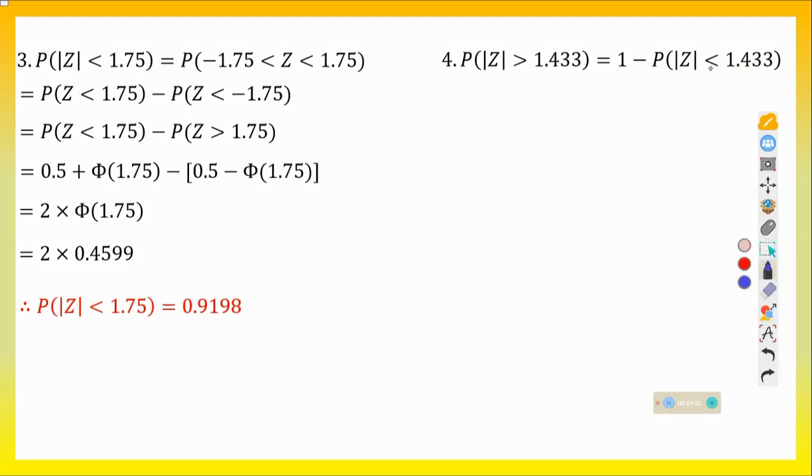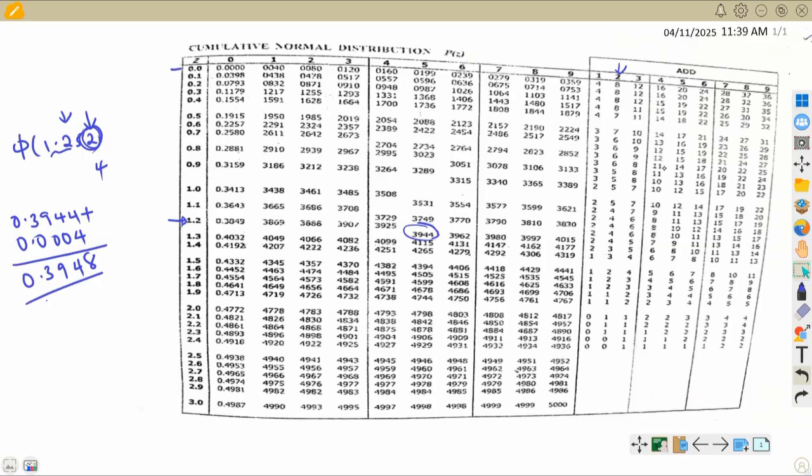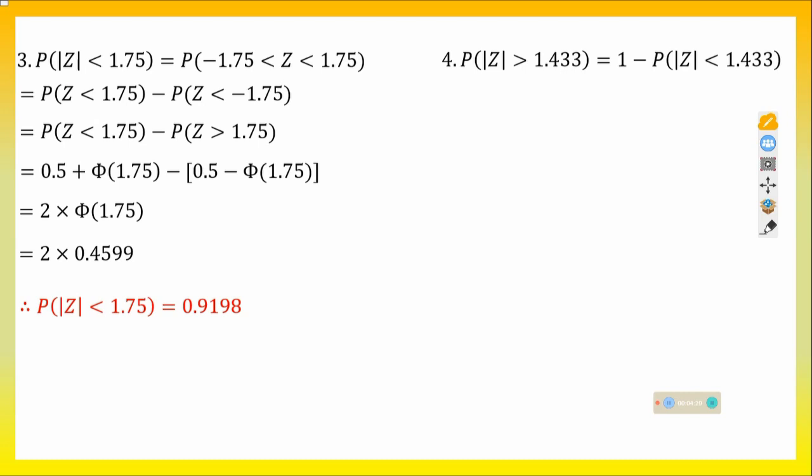This is the same as negative 1.433 less than z less than positive 1.433, which we can again easily manipulate. So we shall have 1 minus probability of this. This one here is the definition for this.